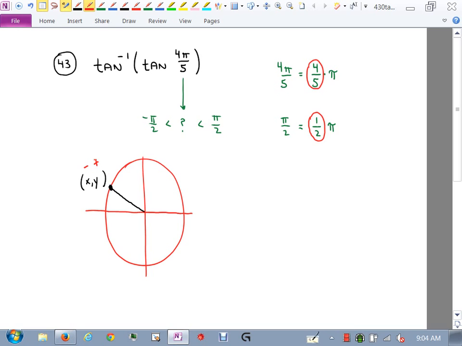So the restriction, in order for me to use this inverse trig function, is that I have to cut this off and only look over here in the first quadrant and the fourth quadrant, because that's the restriction on the inverse tangent: between pi over 2 and negative pi over 2.